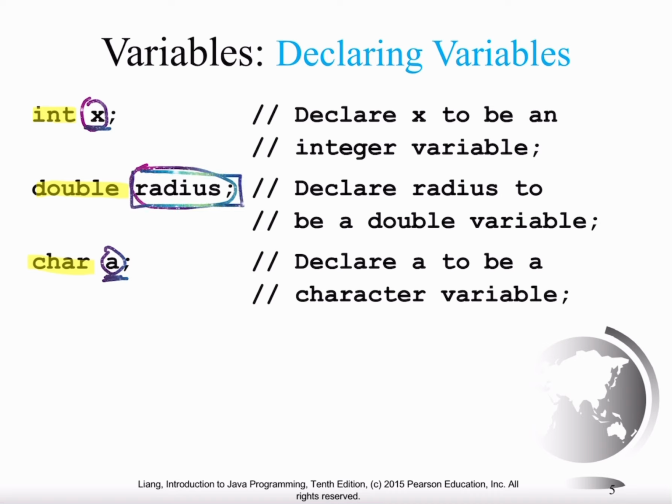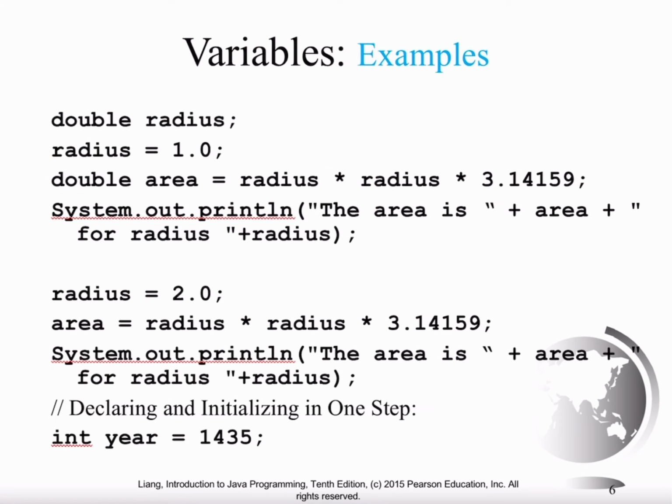Here x is the identifier, radius is the identifier, and a is the identifier. So you identify your data type in order to declare a variable. In the beginning, you always need to write your data type and then declare your variable, or write your identifier.